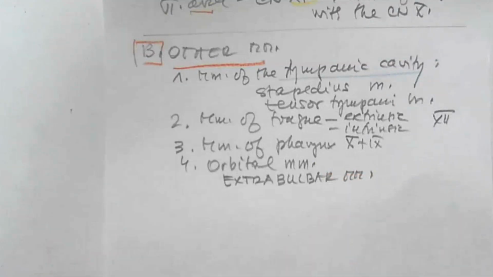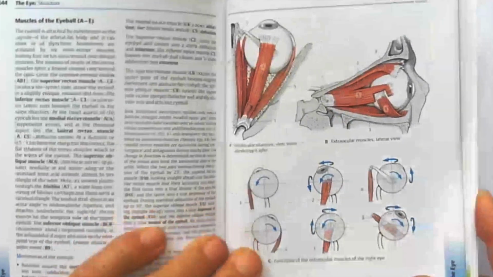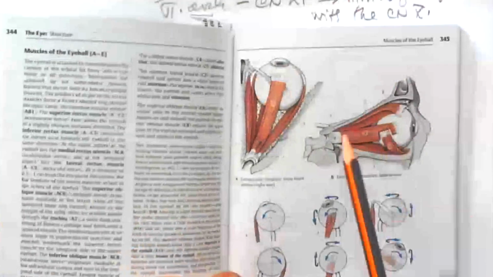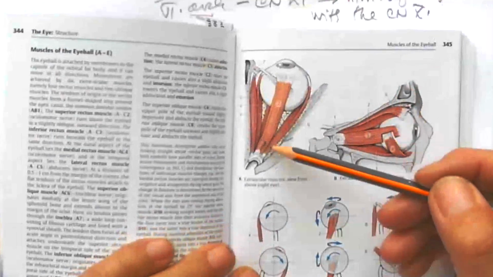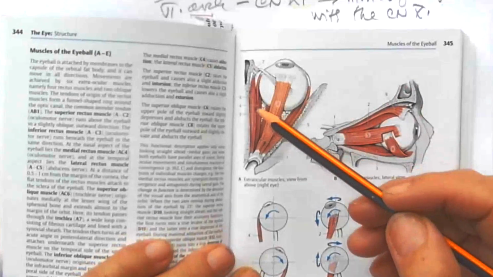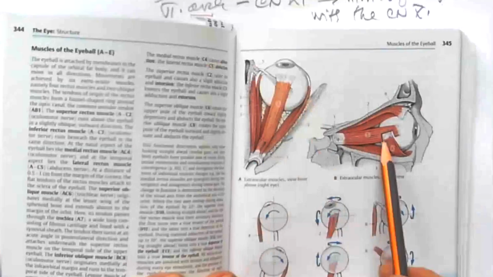They originate from the bone, run ventrally, and are attached at different parts of the bulb. Here we see the bulbus oculi. Then we see the straight muscles, musculi recti, superior, inferior, lateral, here is the medial, and 2 oblique, superior and inferior.